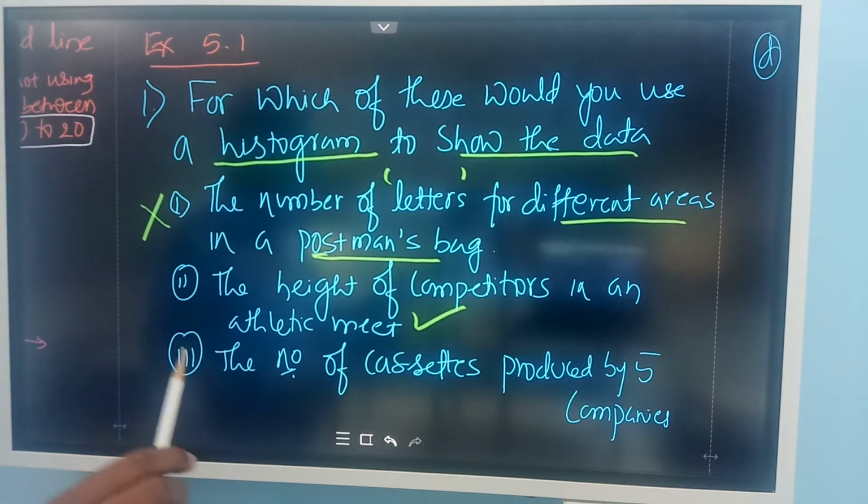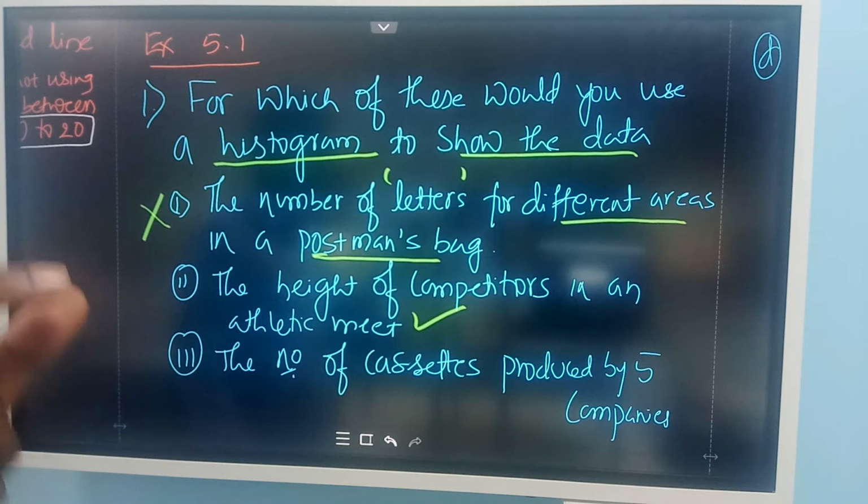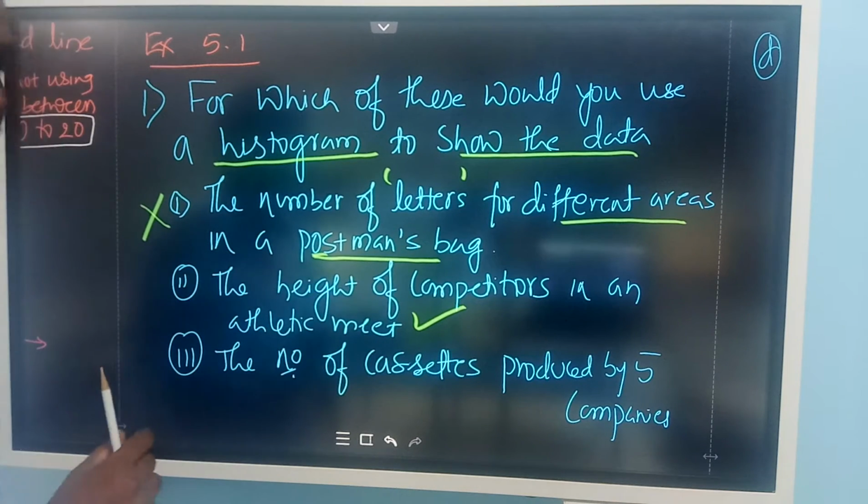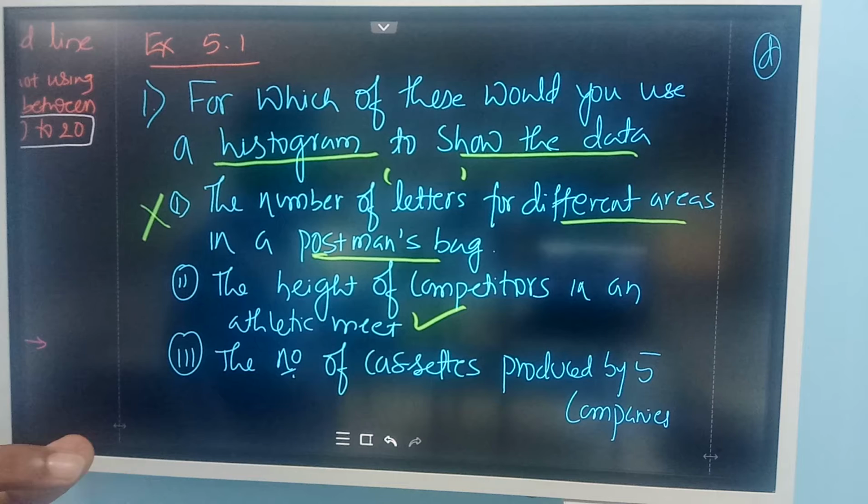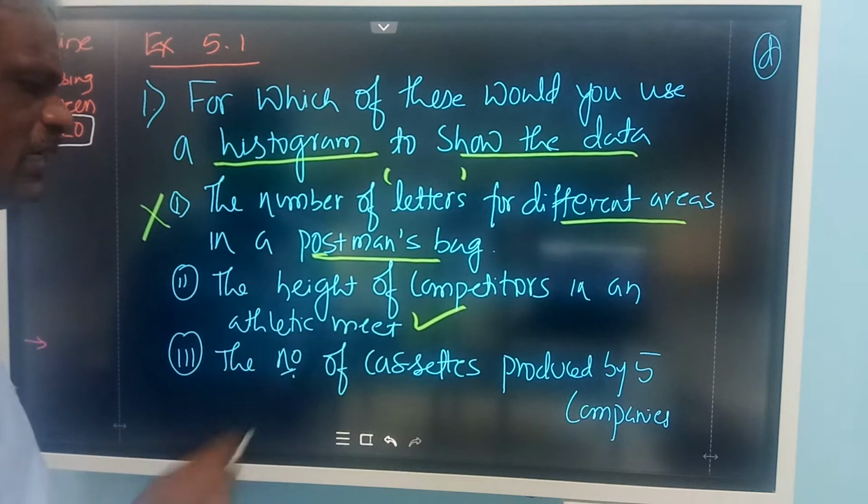The heights can be grouped: 2 to 3 feet one group, 3 to 4 feet one group. You can make class intervals. So therefore it is possible to group the data here. Grouping is possible, therefore this is possible here.